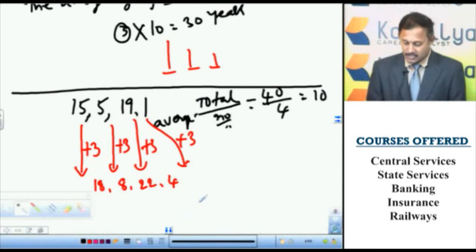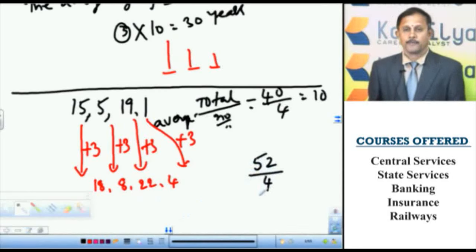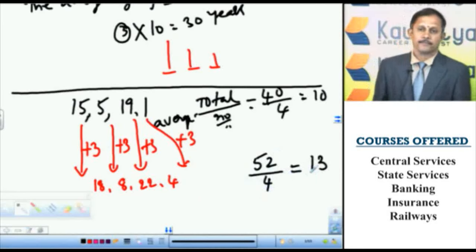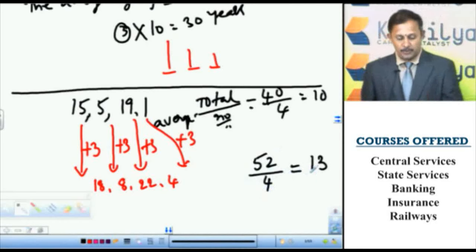So in this case the total changes to 52, but there is no change in number of elements, 4. The formula for average is total by number of elements, 52 by 4. So therefore what is the new average? 13, right?